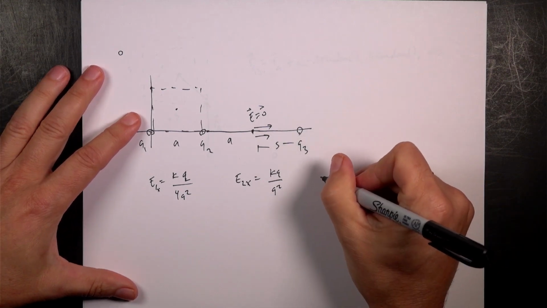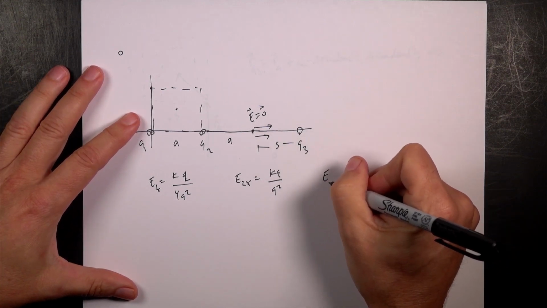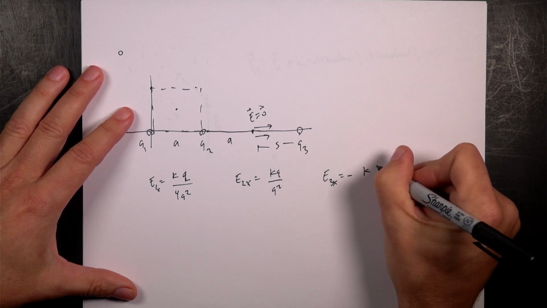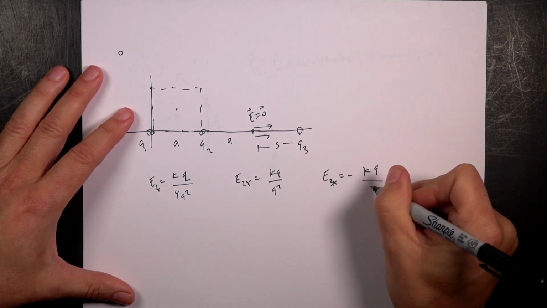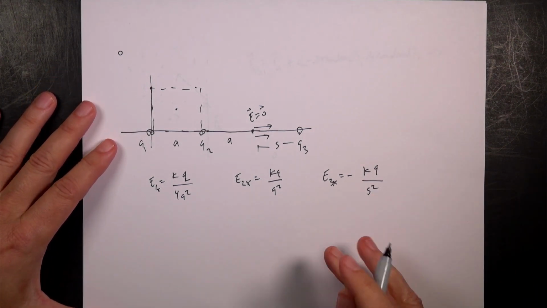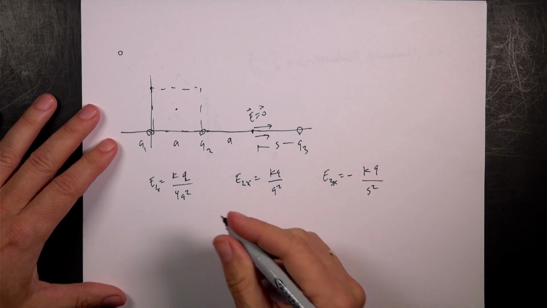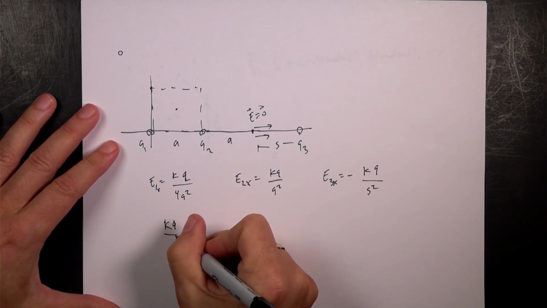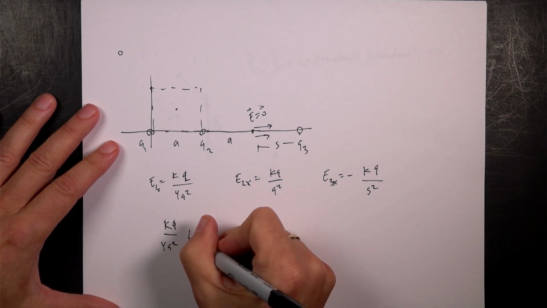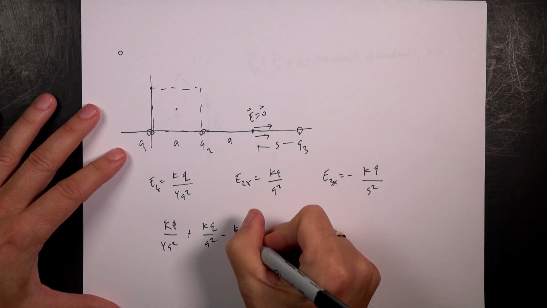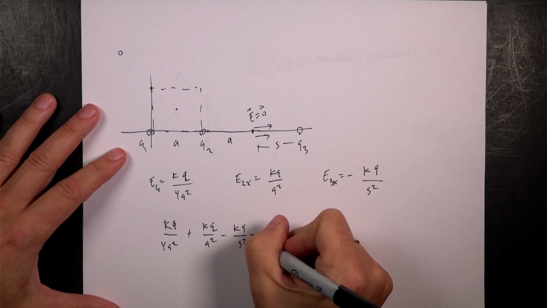And then E3x is going to be negative kQ over s squared, where I don't know s. But if I add these up, I have to get 0 as a scalar because it's only one dimension. So kQ over 4a squared plus kQ over a squared minus kQ over s squared equals 0.